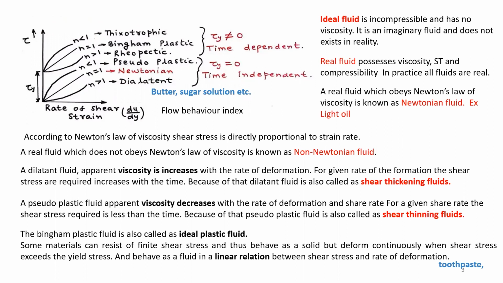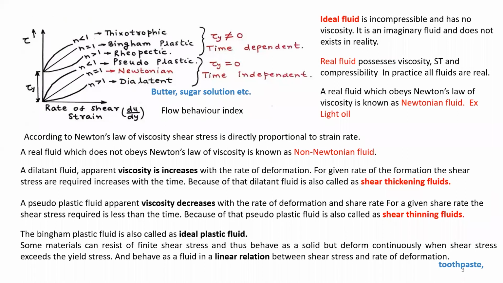Basically, before getting into smart materials, let us have an overview of the types of fluids. All of you know that there are many types of fluids. Ideal fluid is incompressible, and has no viscosity, no surface tension, no compressibility.